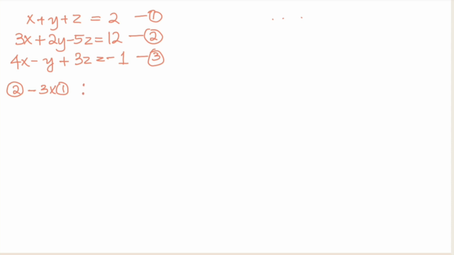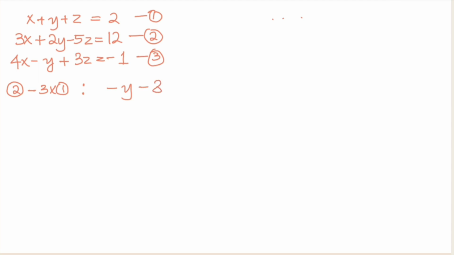Well, that gives us, for equation 2, x is going to go away, and we're going to have 2y minus 3y. That gives us minus y. And then we're going to have minus 5z minus 3z.